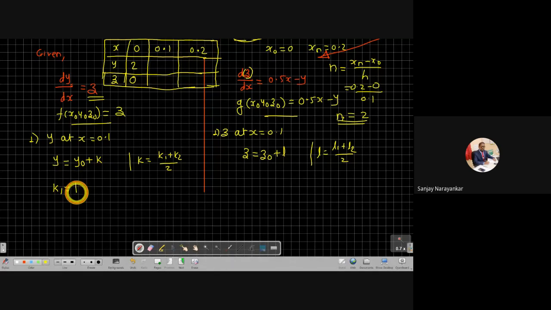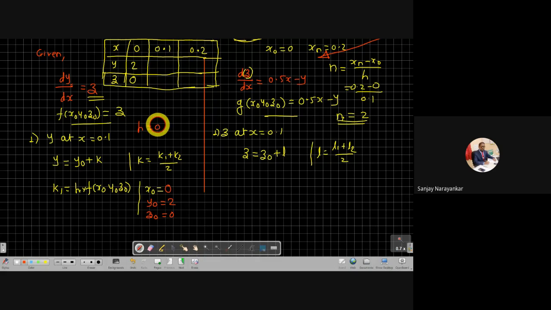So what's the k1? H into F of x0, y0, z0. So what is your x0 value? x0 is equal to 0, y0 is 2, and z0 is 0. ठीक है?